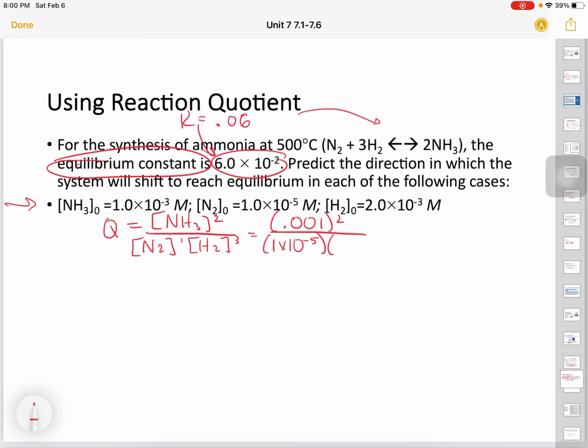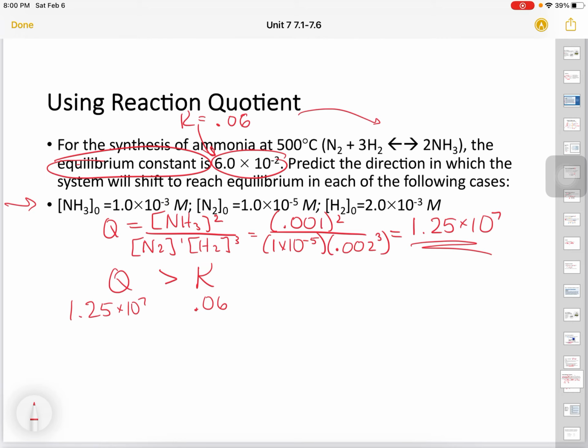This is why it's super important that you have a scientific calculator that can do exponents and things easily for you. Okay, and this value comes out to 1.25 times 10 to the 7th. So that Q value is much larger than the K value that I was given, right?